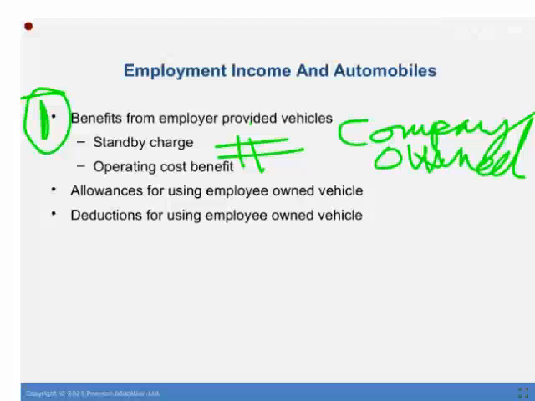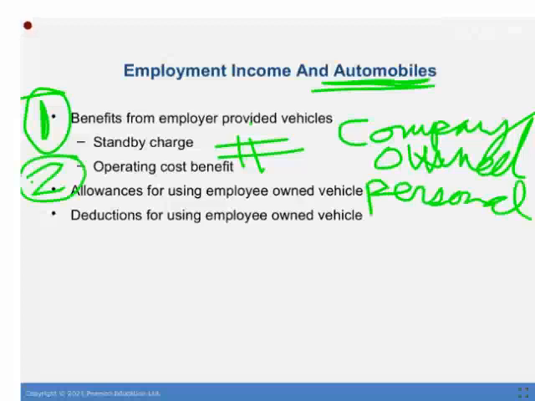That's one scenario. The second scenario is that you're using your own personal vehicle for work. You're putting kilometers on your own vehicle and the company's reimbursing you. So that's scenario number two in relation to automobiles.